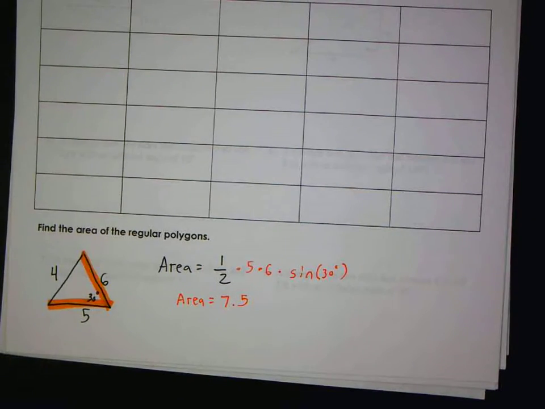Does that make sense? So to find the area of a triangle, if you know the side and the angle in between those two sides, you just plug in the formula 1/2 times side 1 times side 2 times sine of the angle in between the two sides.